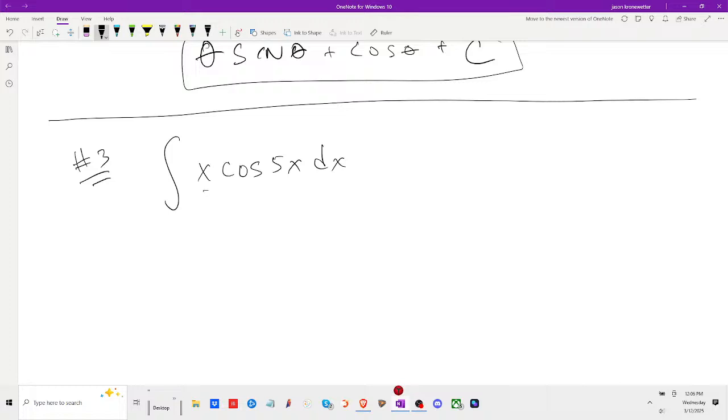Again, we have a product of two things, so that's a hint that maybe we're going to do integration by parts. I think a bigger hint is that it's in the integration by parts section of the book. So let's do integration by parts, and it's going to be similar to the previous one. We're going to pick u equal to x and dv equal to cosine 5x dx.